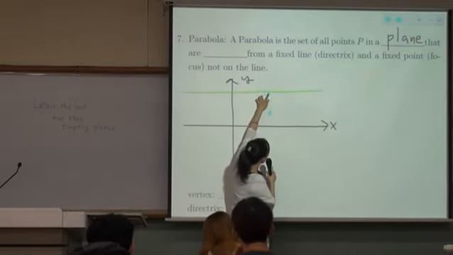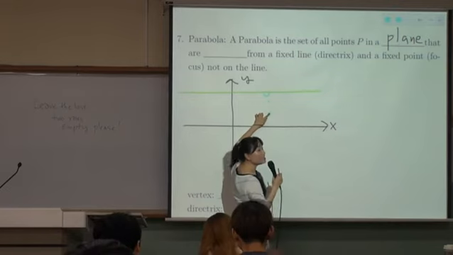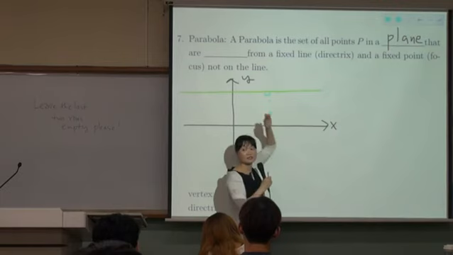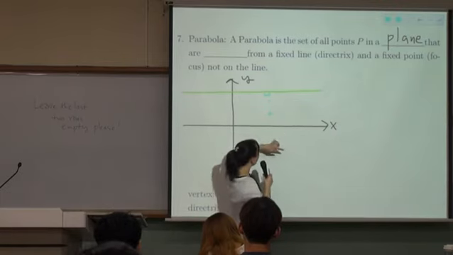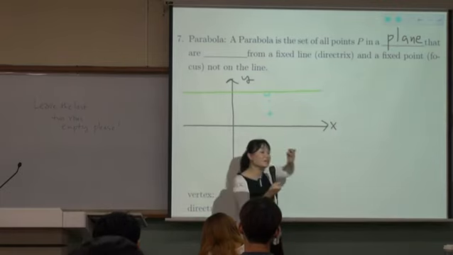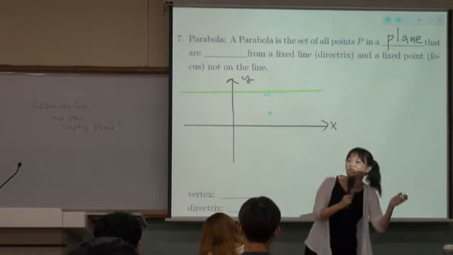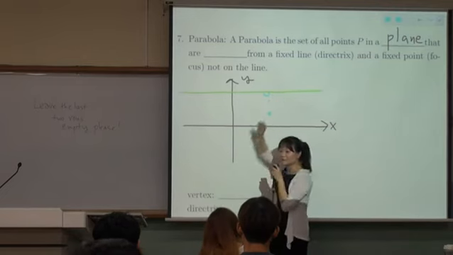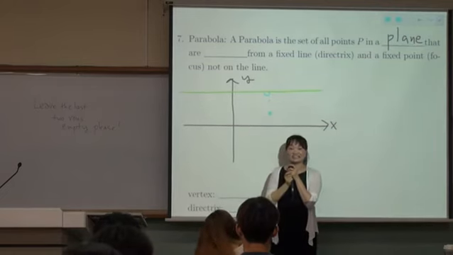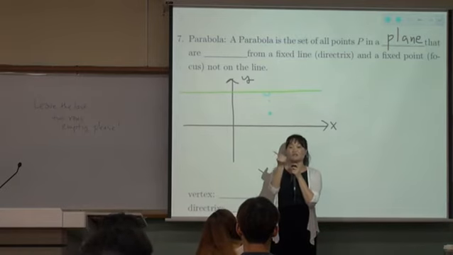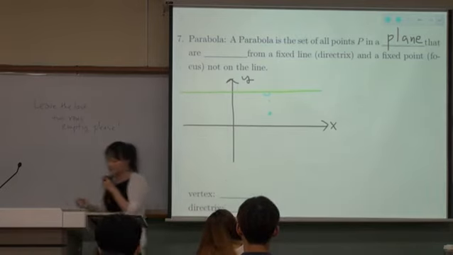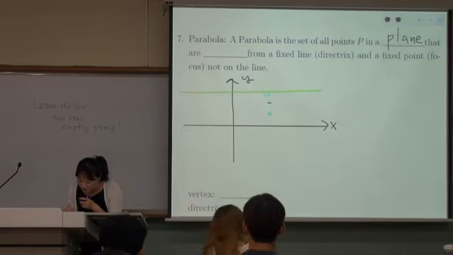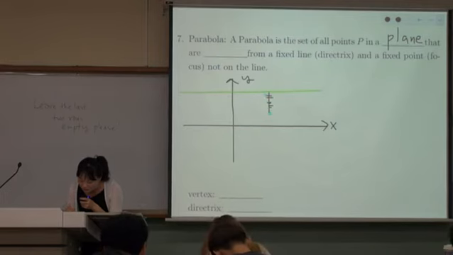And on this line, which point is equidistant from the directrix and the focus? The middle one, right? Yeah. That is the vertex. Okay, that is called the vertex. So we pick a point which is equidistant from directrix and focus.